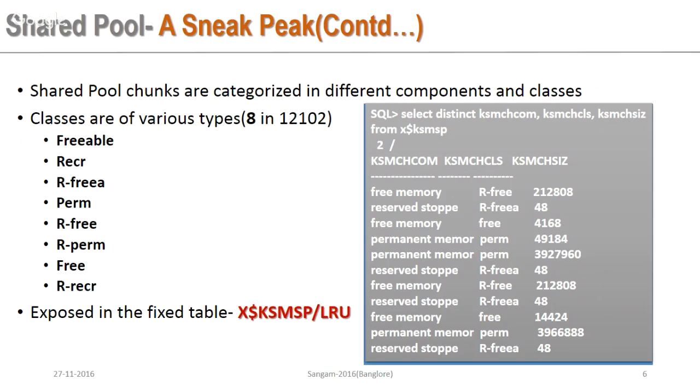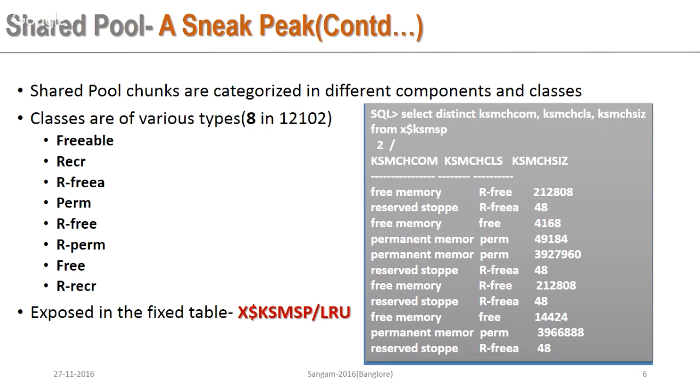So these classes signify one thing, that the reserved components, or the reserved chunks, in the shared pool are not going to be deallocated or flushed out when you give a command of alter system flush shared_pool. And if you want to see these chunks, you can see them in the table X$KSMSP. If I remember correctly, it is kernel server memory shared pool.